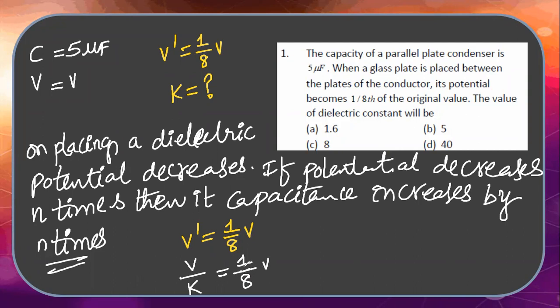So V dash is equal to V by K, and V by K is equal to V by 8. There V gets cancelled. Therefore, K is equal to 8. The dielectric constant is 8.